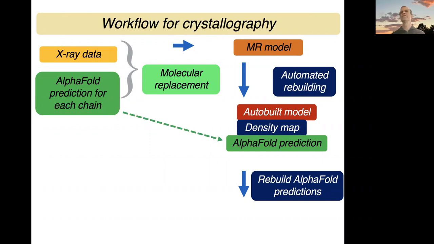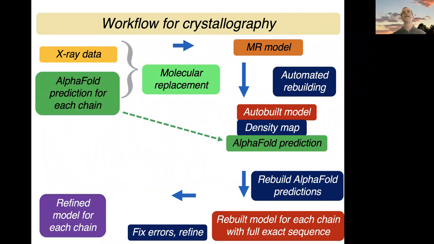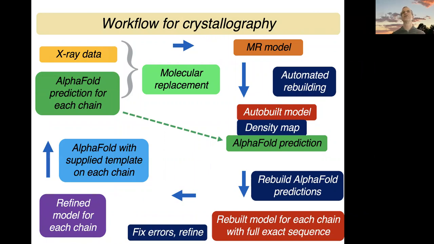And the reason for doing it in this slightly convoluted way is the result is then a rebuilt model for each chain that has the full exact sequence. So now we've created a new model for each chain that has all the right residues and hopefully a lot of them are in the right place. And now we can refine all of those together, and then we can go back and get a new AlphaFold prediction.